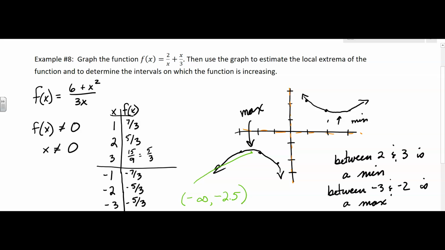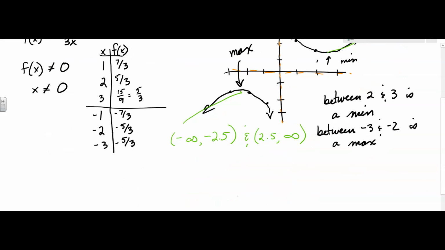So that would be an increasing interval. And then another increasing interval is going to be from here on up, from 2.5 about to infinity. Those would be your increasing intervals.